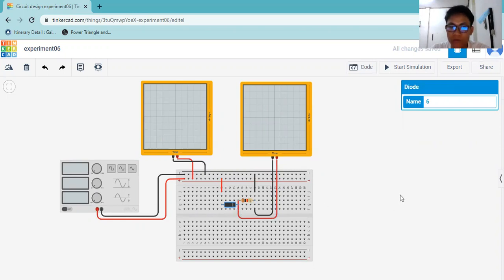So we want to see the experimental result that will be shown in this oscilloscope. We measure in this resistor, and also we measure the experimental result of the AC supplied here. So let's start simulation.